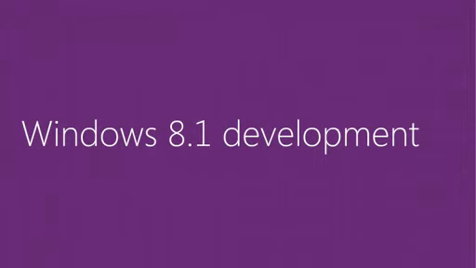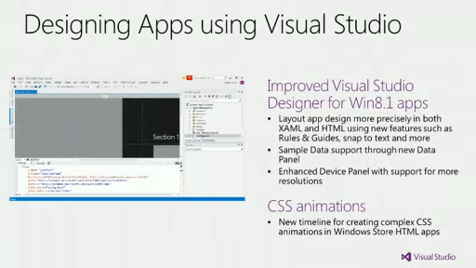With regards to Windows 8.1 development, we've done some great new enhancements to the tooling here, and you'll see that the layout application design has been improved for both XAML and HTML apps. So you've got guidelines mapped to nice to use features that enable you to use the designers a little bit easier than previously.